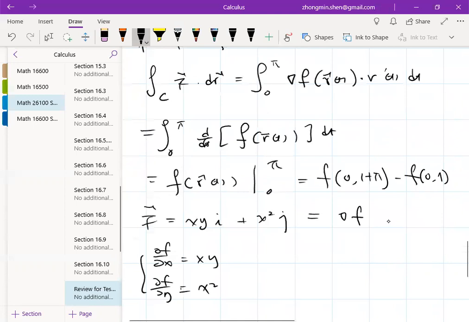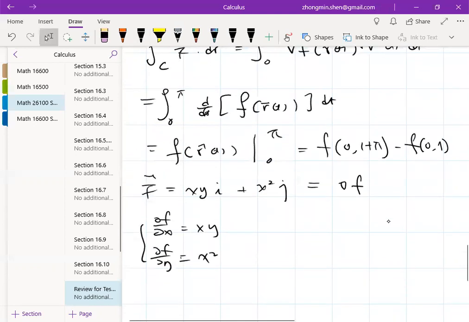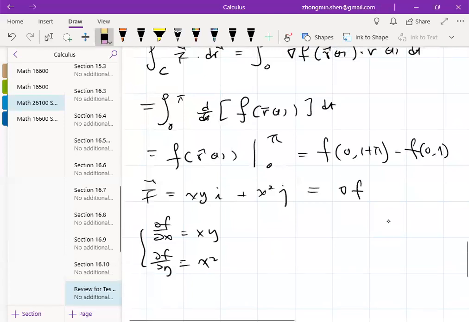If it's conservative, then Qx minus Py is going to be 0, right? So I think it's not conservative unless I change the sign. So for this problem, there's no way to solve for f.